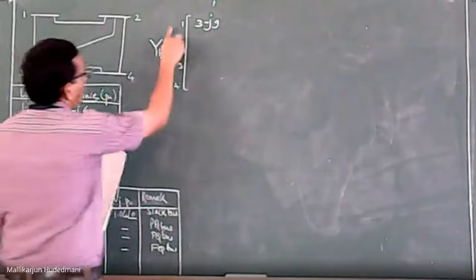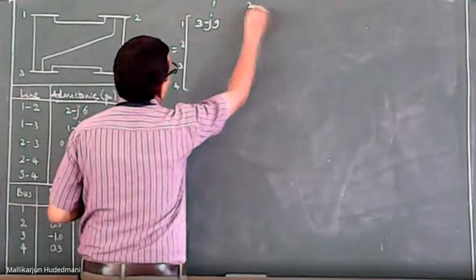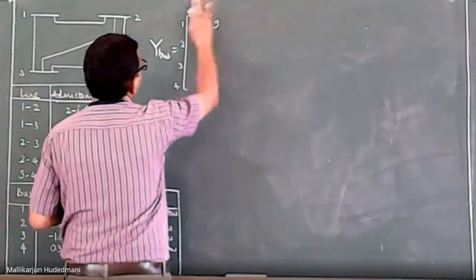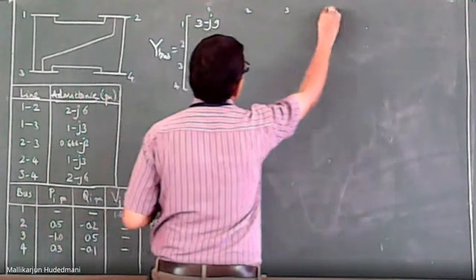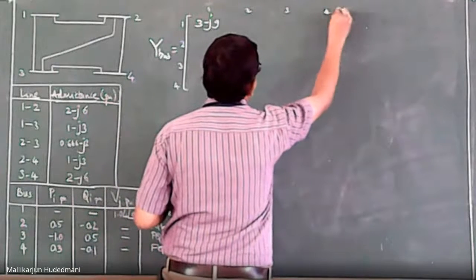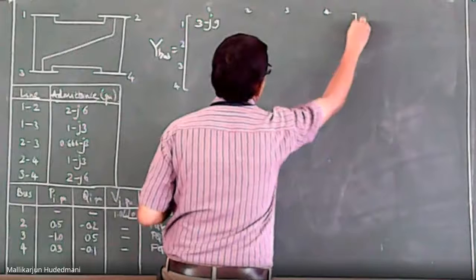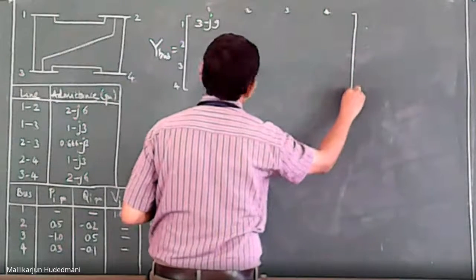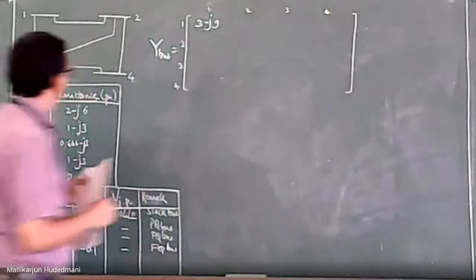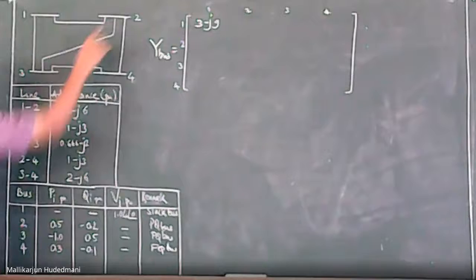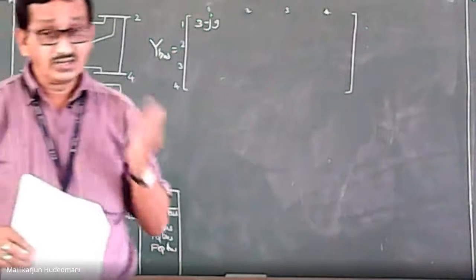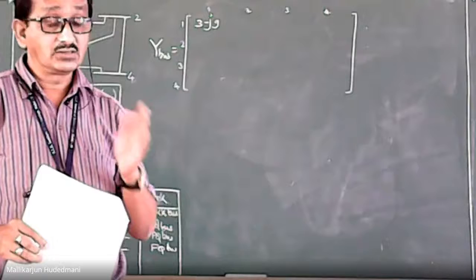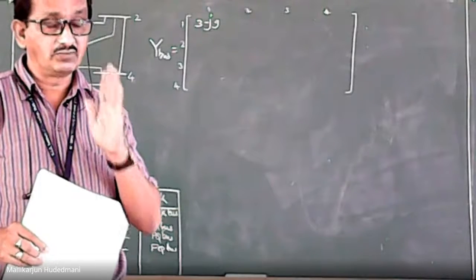What is 1 cross 2 here? Likewise, 1, 2, 3, 4. Let me put this bracket here. Okay. Now, what is 1 cross 2? Somebody was asking me in the chat box why the off diagonals of a Y bus are negative. It's very clear.